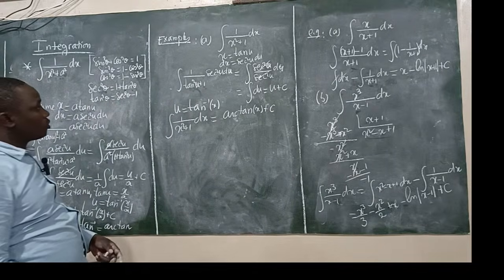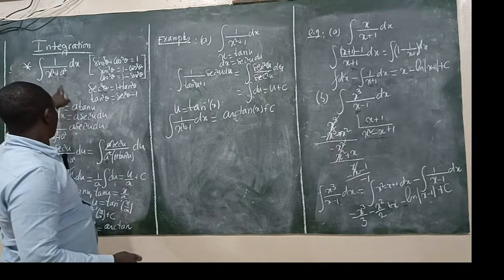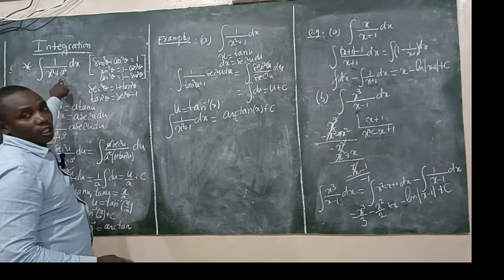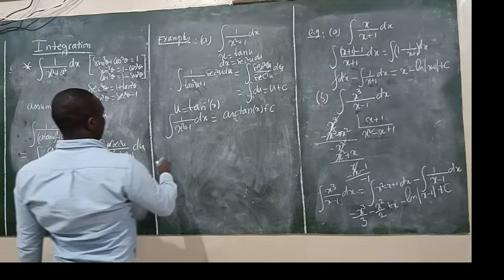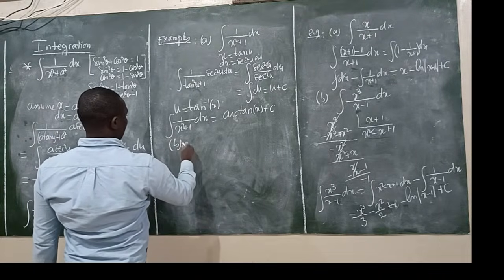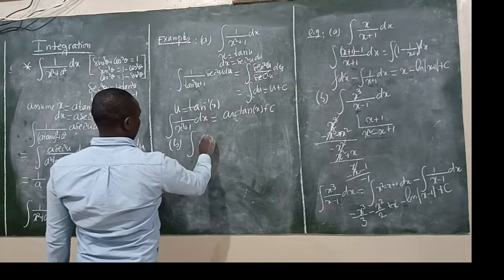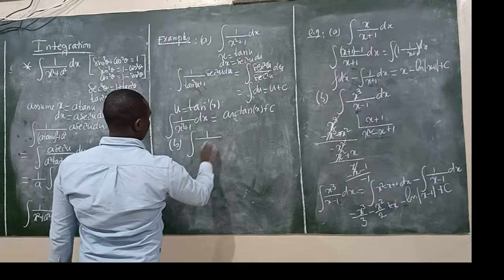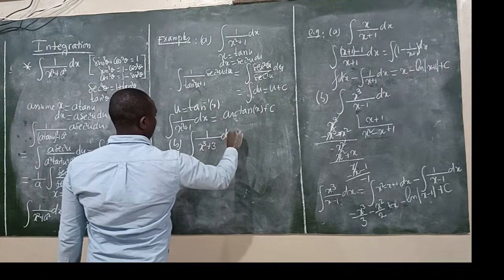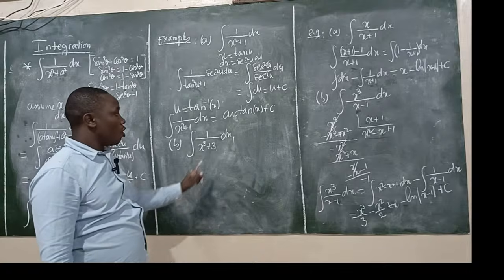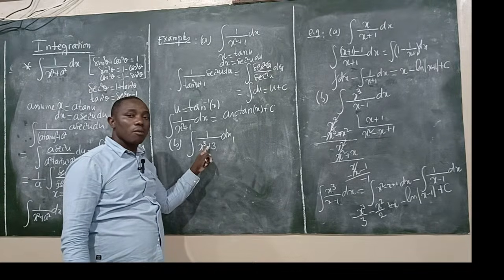I do want to make one that is not a perfect square. Example B, the integral of 1 over x squared plus 3 dx. As I told you, we take the square root of this number.